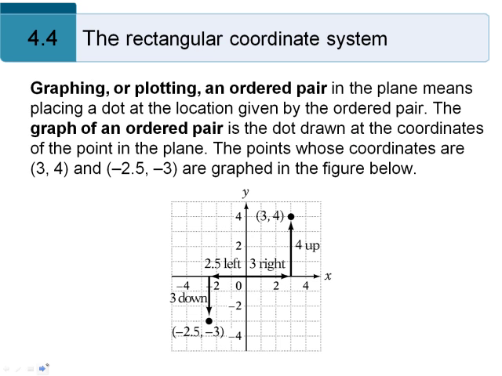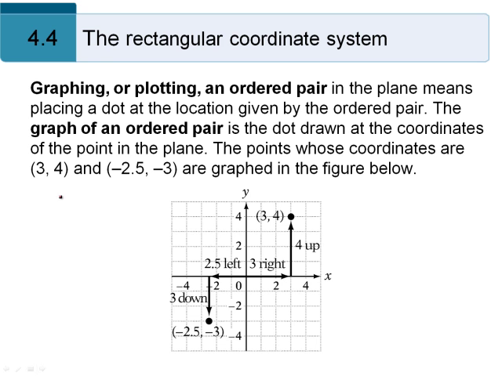Now when we get to graphing or plotting an ordered pair, it's all about going the right way first. So that's going to be very important. Make sure that as we go through this you're graphing along with me so that you understand where these points are. Whenever you graph an ordered pair, you have to go over to the first coordinate, the x, and then up or down to the y.